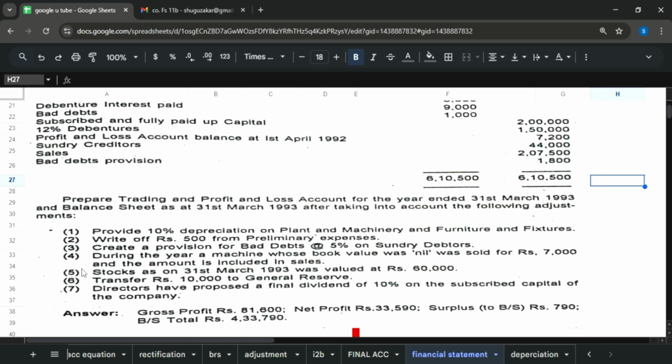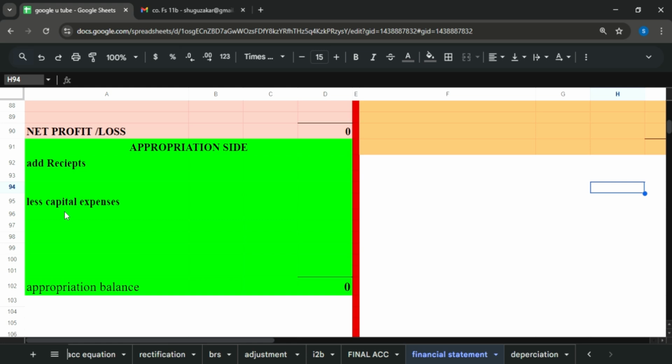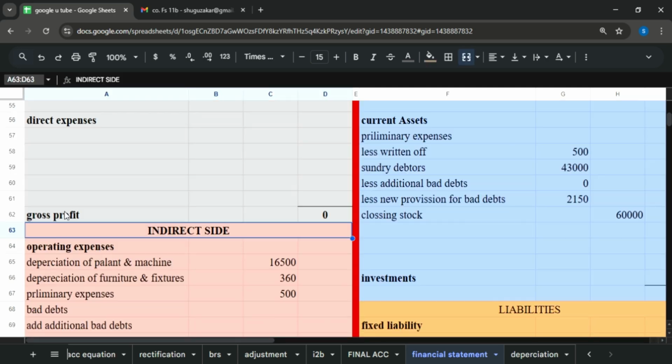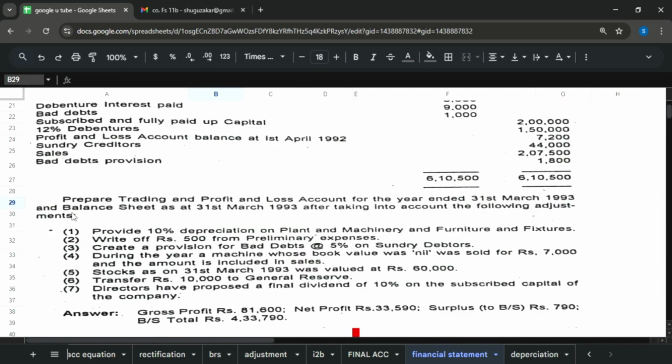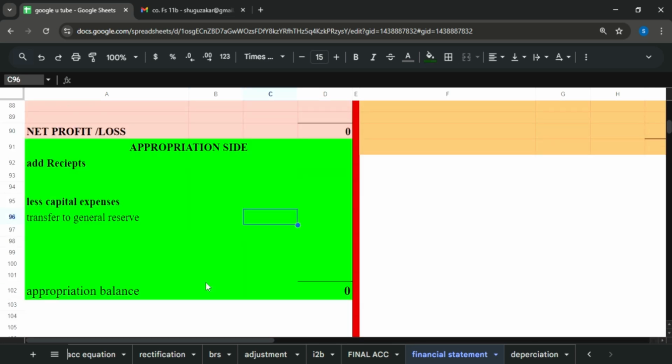Now the sixth adjustment is saying transfer 10,000 to general reserve. This is related to the appropriation side, and here you will mention transfer to general reserve, and we will see how much amount is described, that is 10,000. So come over here and write down 10,000 on the appropriation debit side.